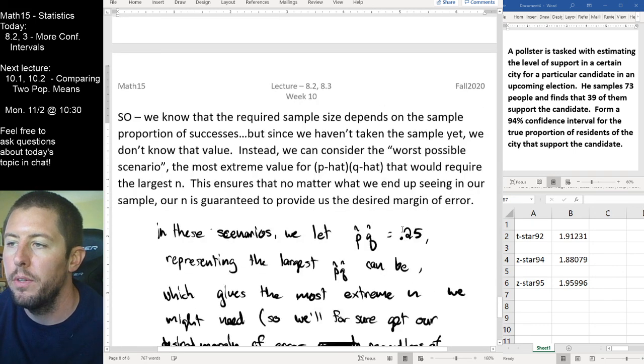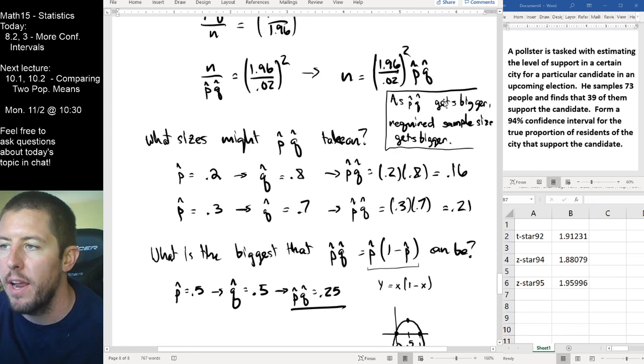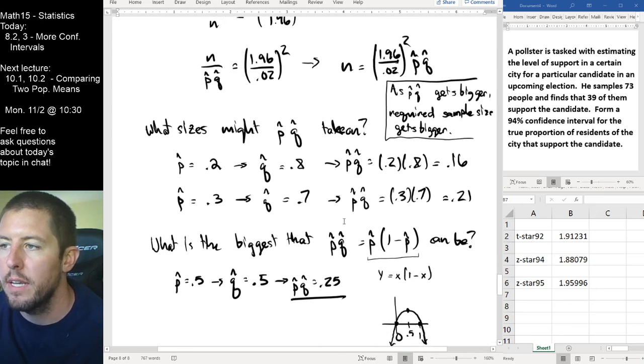So all we're going to do is come back up here and grab our semi-final statement. We got down to this guy right here. I'm just going to grab this, 1.96 over 0.02.